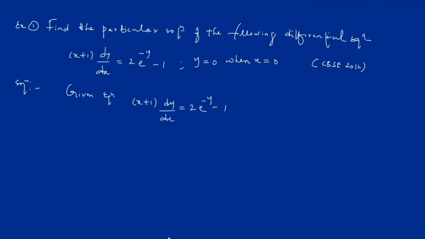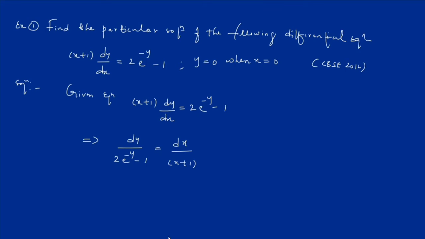Just separate the variables, keeping the x terms on one side and the y terms on the other side. So we get dy upon 2e to the power of minus y minus 1 equals dx upon x plus 1.